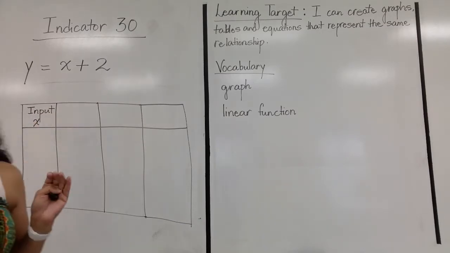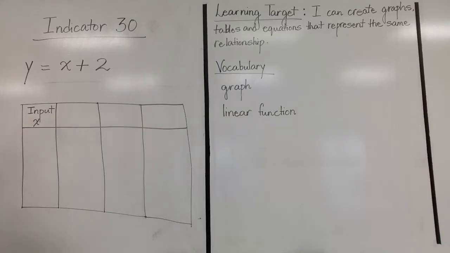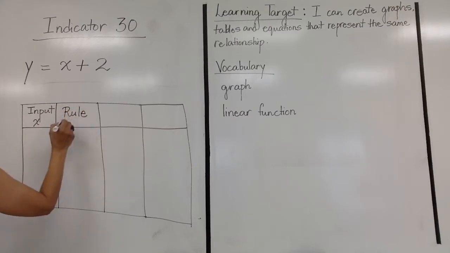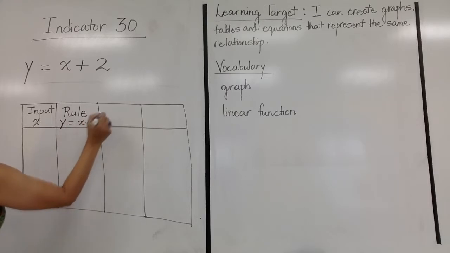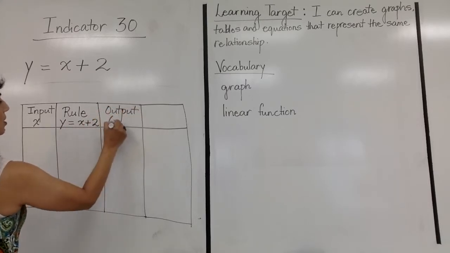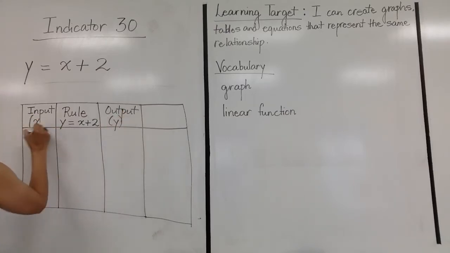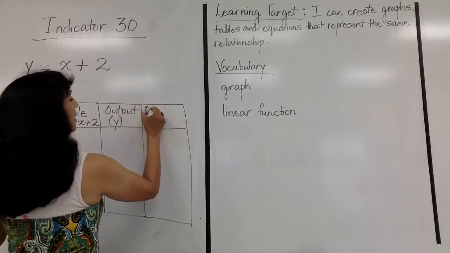Remember, the input is always graphed on the x-axis. Then we have the rule, where I put the calculation y is equal to x plus 2. Then we have the output, which is always y. And then I'm going to put the ordered pair.